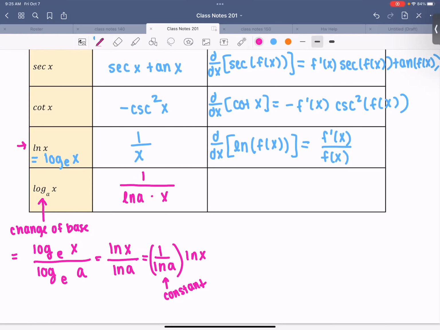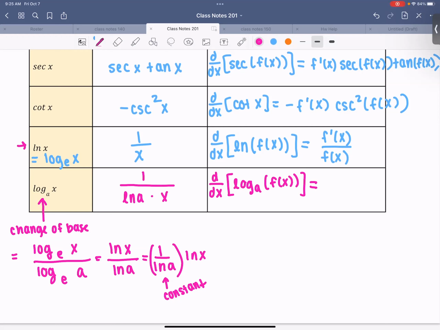Okay, now let's find the chain rule version. Let's do the derivative of log base a of f of x. You can kind of compare it to the row up top.